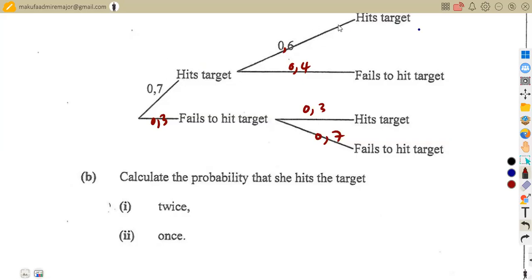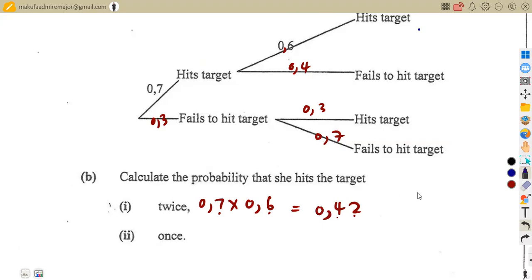That is when she hits the target twice. The first one is a hit, the second one is a hit. So you're going to multiply 0.7 times 0.6. There you simply multiply 7 times 6, which is going to be 42. How many decimal places do you consider? 1, 2. So that would be 0.42 in this case.